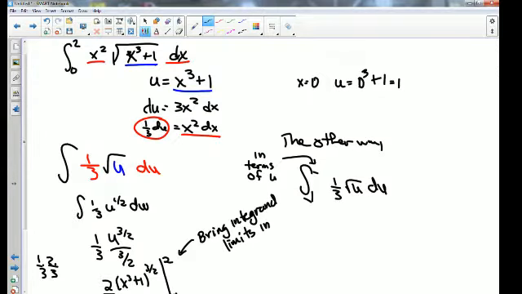If x is 2, u is 2 cubed plus 1, which is 9.